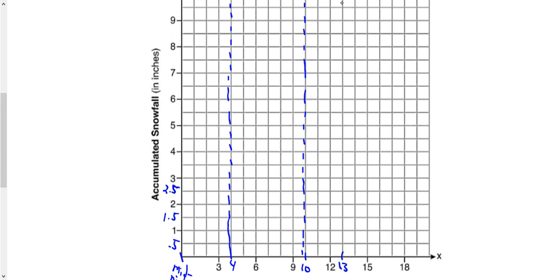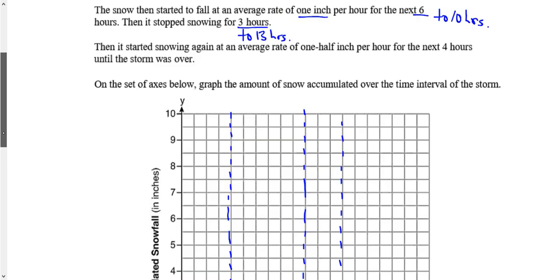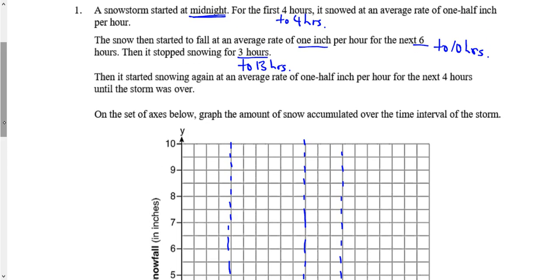All right. So after the 13 hours expired, it started snowing again, back at 1/2 inch per hour for how long? So how many hours does that take us out now? 13 and 4 would be what? 17 hours now.